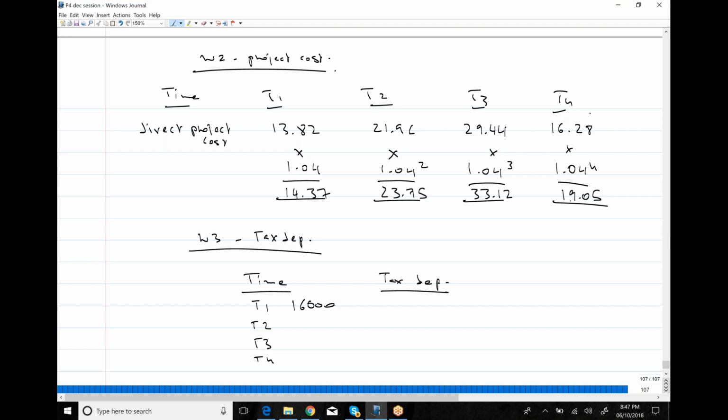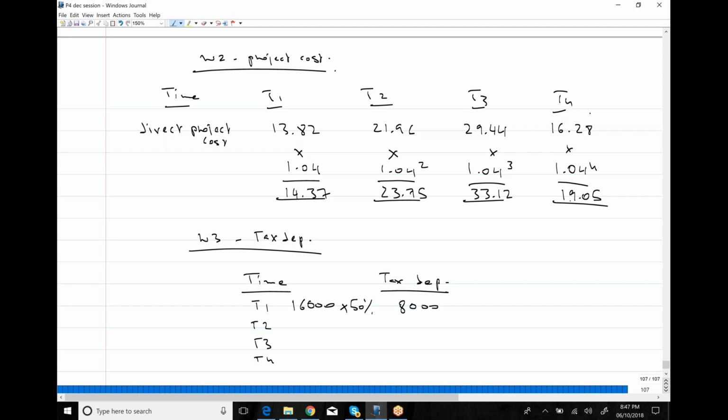Now for the depreciation, he told us that depreciation is available on the machinery at 50% in the first year. So it is 50% in the first year. That will be 8,000. Followed by 25% per year thereafter on a reducing balance basis. So in the first year it is 50%, and after that it is 25%.